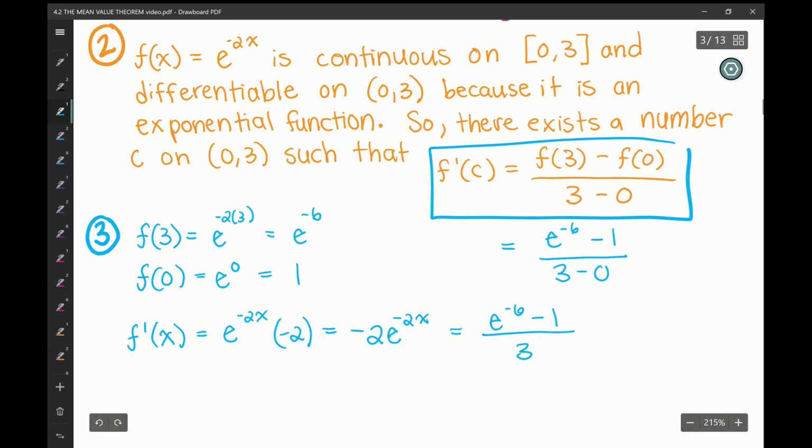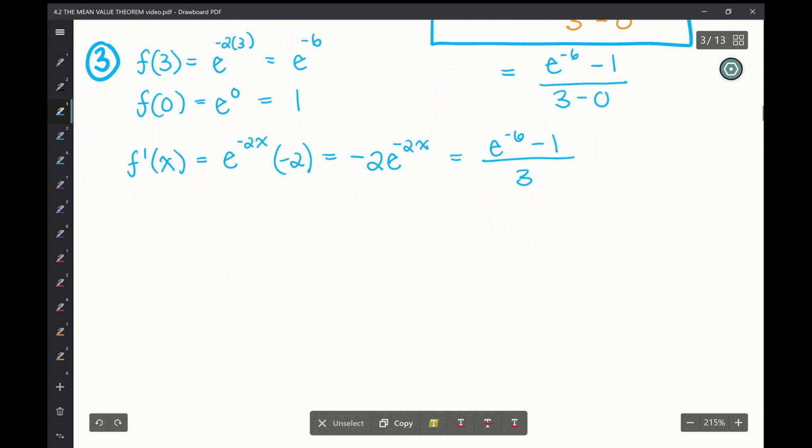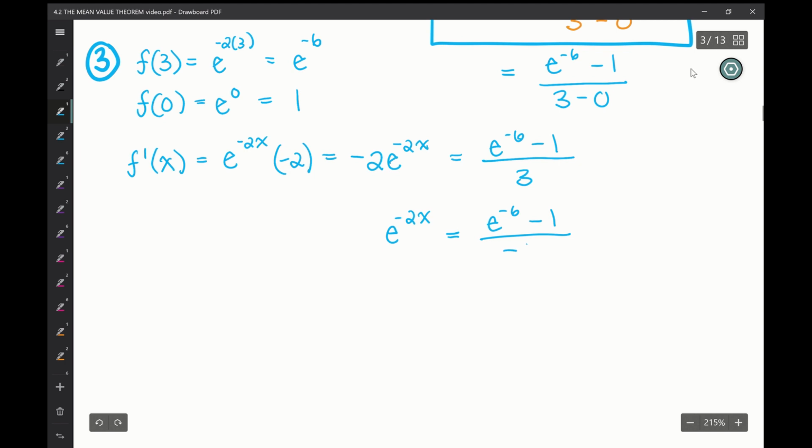Now we need to solve for x. So I'll start by dividing both sides by negative 2. So we have e to the negative 2x is equal to e to the negative 6 minus 1 over negative 6. Then I'll take the natural log of both sides.